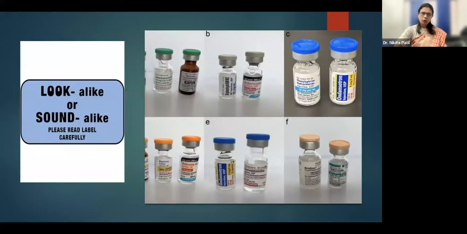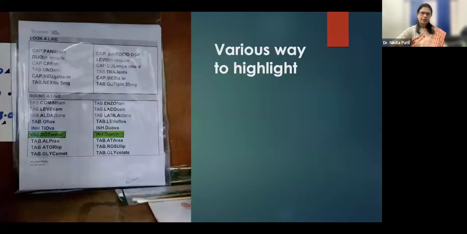Very, very common, look alike or sound alike. From a distance, you cannot identify, and the legibility or the font size is so small, it is very difficult to identify. Many a times it is actually advisable to keep a lens, because now in the mobile phone we have a zoom option. Read it properly, look alike, and then more than the company name, go towards the actual pharmacological name to avoid these errors.